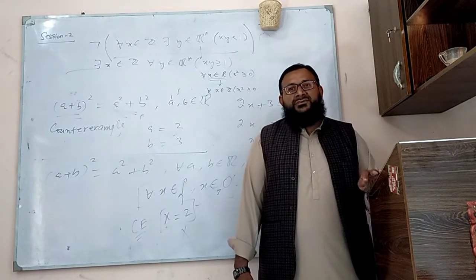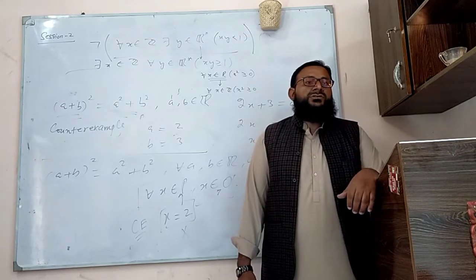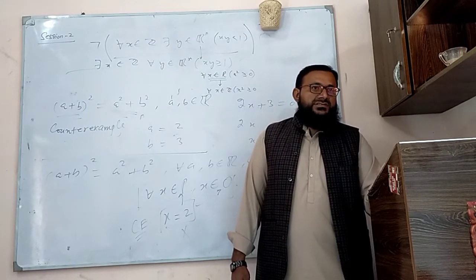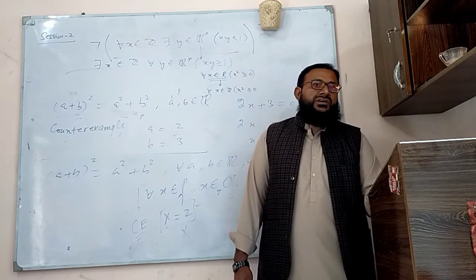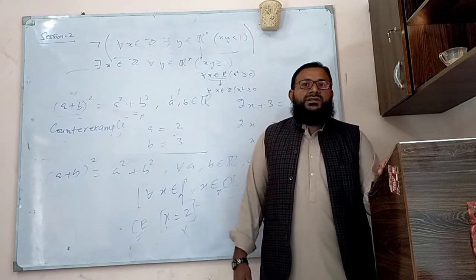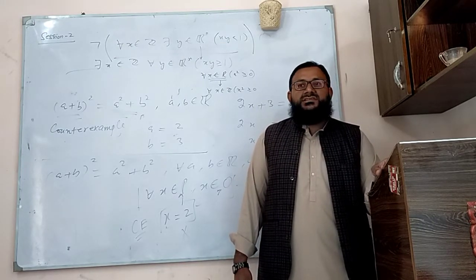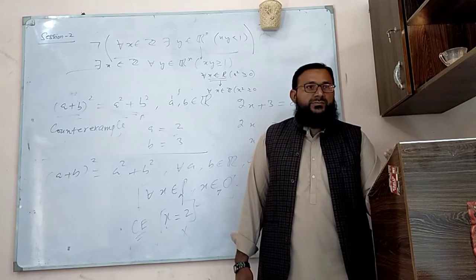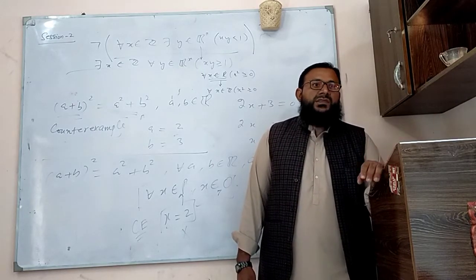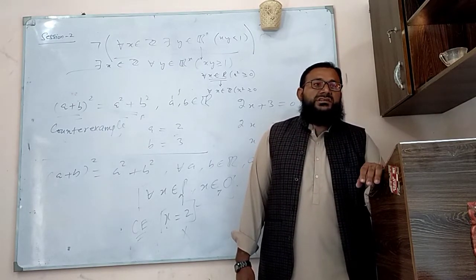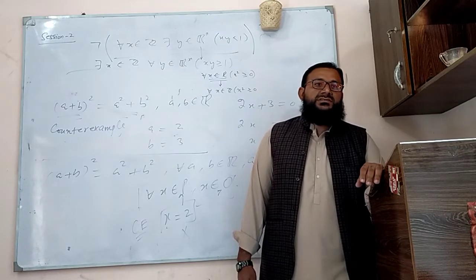So the fundamental axiom is that the real numbers are used to measure something. The measurement can be length, thickness, depth, area, volume, anything. So in every course of study there are some fundamental axioms that are necessary.